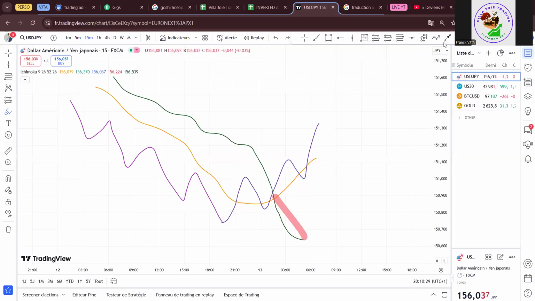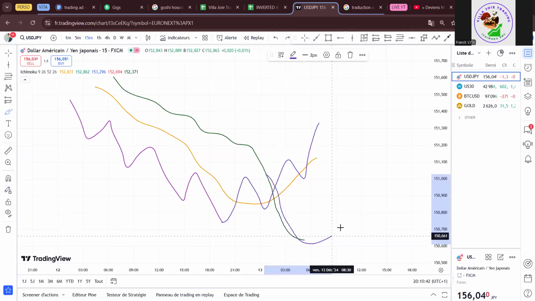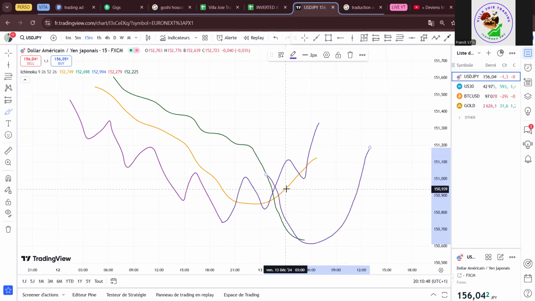Because now, how do you want this price to go up without Kijun going below Tenkan? When Kijun is going below Tenkan like this, it's just a sign that we are passing to the other side of the trend. It's a sign that we are changing our direction. We are going to the other side for the buys.